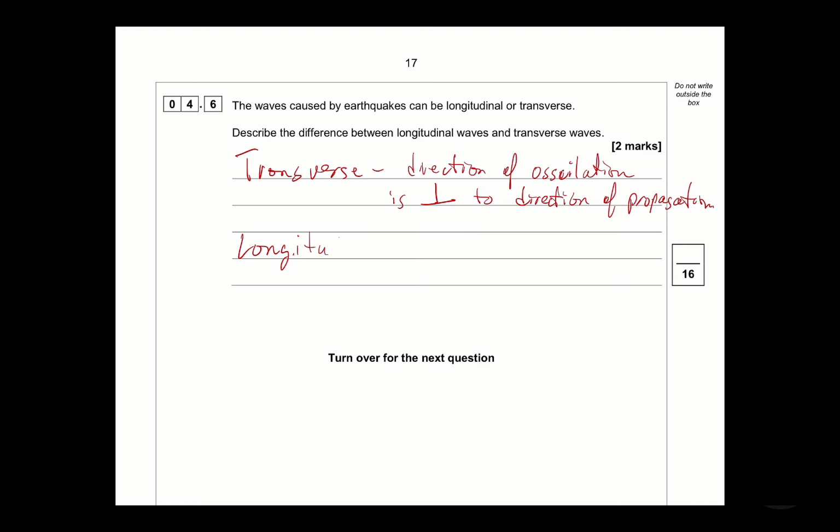And longitudinal, your oscillation is parallel to the direction of propagation. Okay, the mark scheme specifically says direction of energy transfer, but propagation is the direction of energy transfer, so you should still get the marks. It should be all right. So that is question number 4.